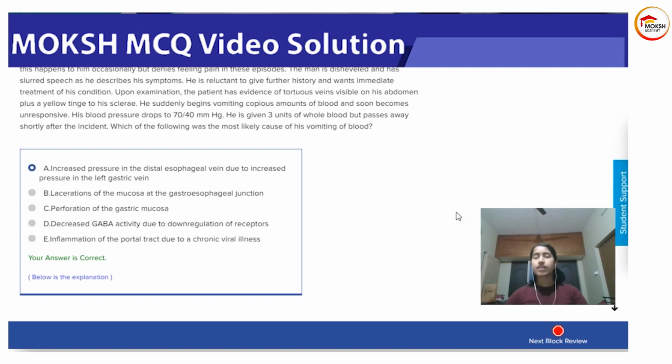Usually, if they expect you to think of hepatitis, they'll definitely have mentioned the hepatitis panel. They would have mentioned all the different markers that you would have observed in the serum and whether it's positive or negative. And like I mentioned, in this case, he's disheveled and he has a slurred speech, so think of alcoholism as the cause of cirrhosis and not viral hepatitis. Though it is a cause, in this case, it just doesn't fit the scenario.